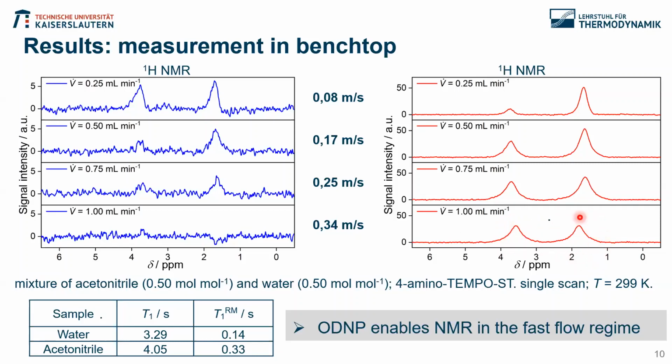You see that the line of acetonitrile decreases a bit here, and that is because at very high flow rates, we don't have the perfect buildup time for the acetonitrile anymore, and that is why that peak decreases a bit at high flow rates.